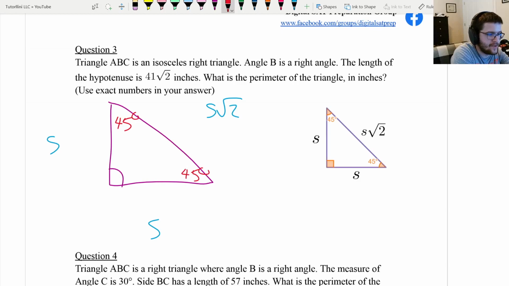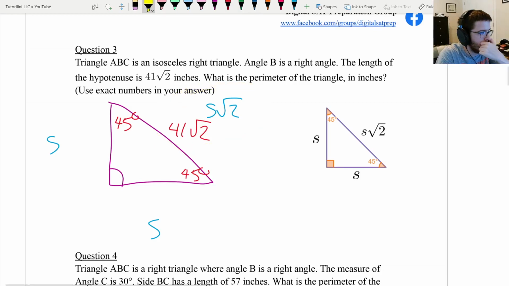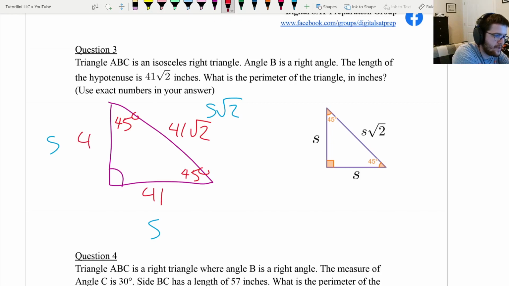And the length of the hypotenuse, that's the longest side, is 41 root 2. Hopefully you guys can kind of see by looking at this that S is 41. So if S is 41, then we're going to put 41 and 41. And we now want to find the perimeter. So 41 plus 41 plus 41 root 2.